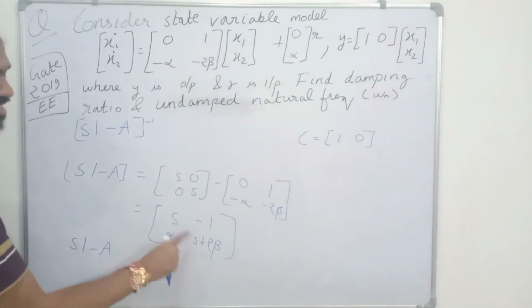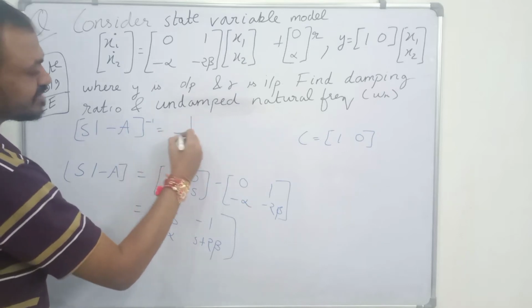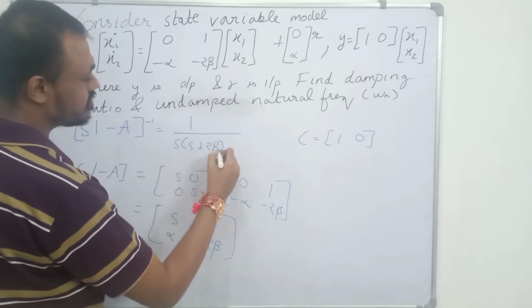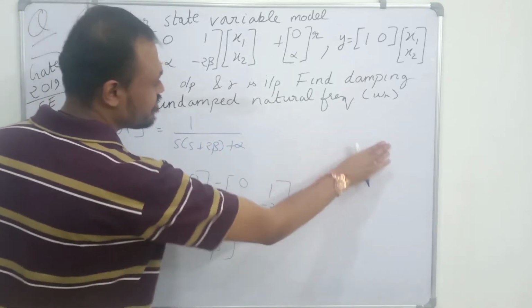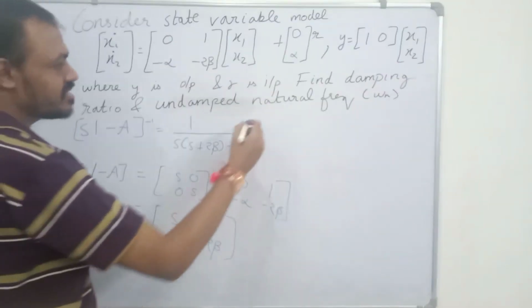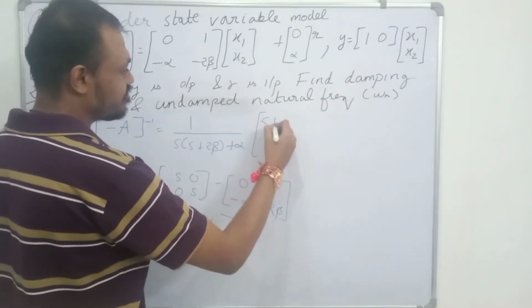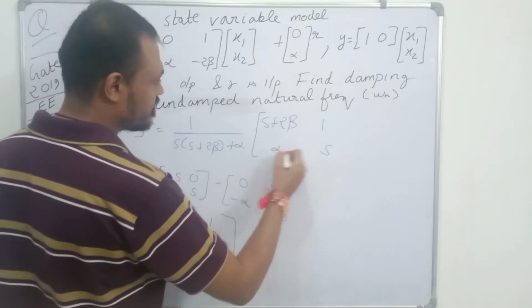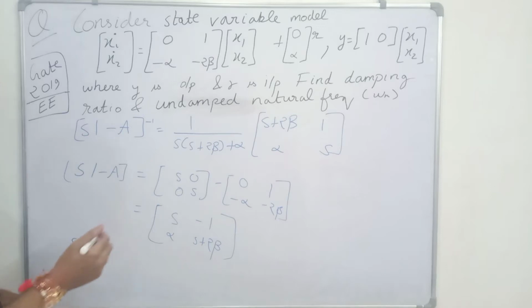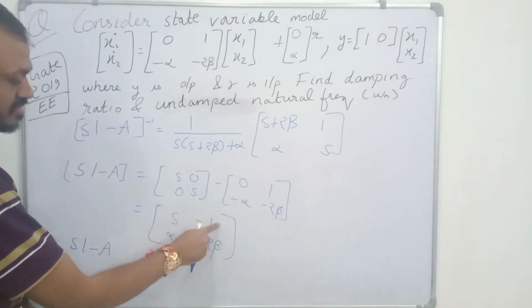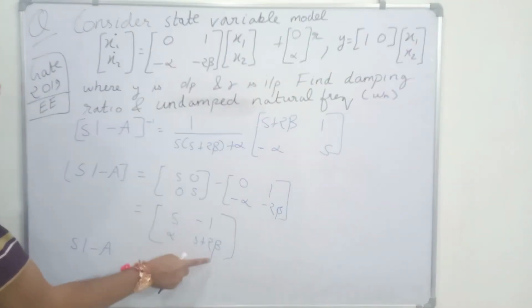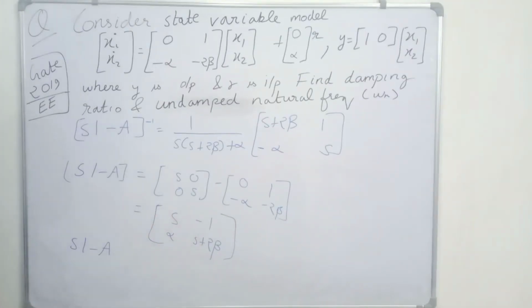The determinant will be s squared plus 2 beta s plus alpha, and we have to find the inverse of this matrix. It is a 2 cross 2 matrix, so we can directly find the inverse. Just interchange the diagonal elements and replace the sign of the other two, so it will be [s plus 2 beta, 1; minus alpha, s]. So this is sI minus A inverse.